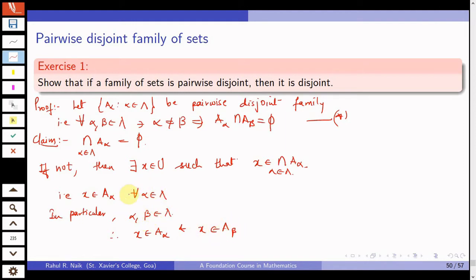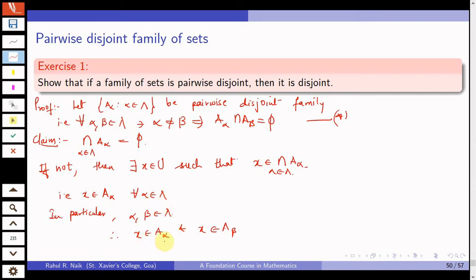This alpha I have used to convey that X is in each of these A alpha, and here this is some notation again to show that the distinct pair is empty. So with this definition we would have this, because alpha and beta are coming from this capital lambda, and for each element of this lambda, X is in that corresponding A.